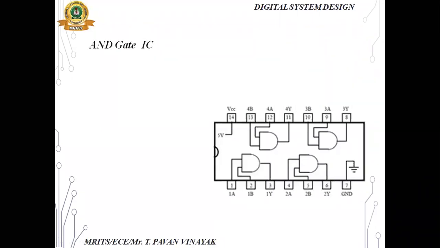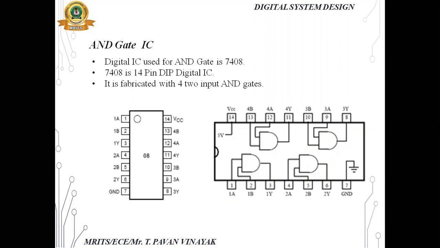Sorry, next the AND gate IC. Let us see the AND gate IC. The AND gate IC number is 7408. Remember, 74 series are called digital ICs. 74 series means ICs whose number starts with 74 are digital ICs.